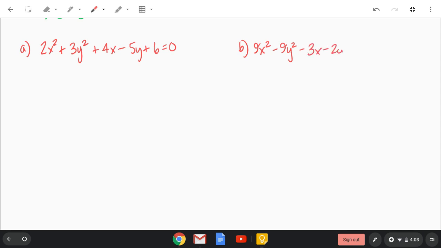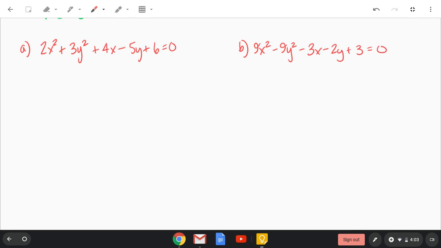So I'm just going to, we've got A: 2x squared plus 3y squared plus 4x minus 5y plus 6 equals 0. We have B: 9x squared minus 9y squared minus 3x minus 2y plus 3 equals 0.